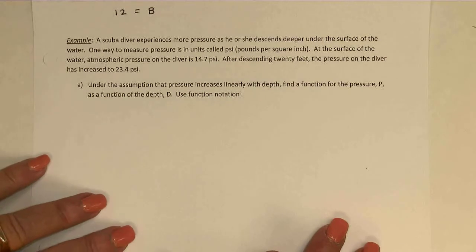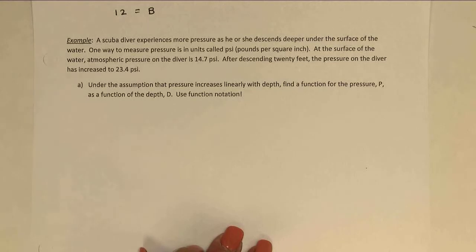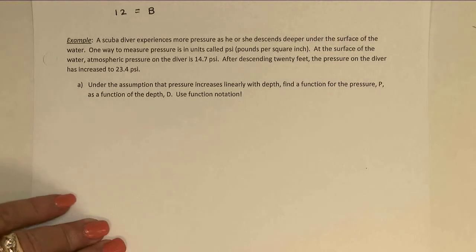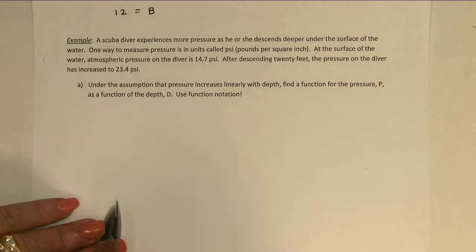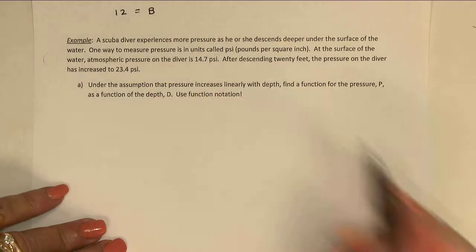A scuba diver experiences more pressure as he or she descends deeper under the surface of the water. One way that we measure pressure is in units called PSI, or pounds per square inch. At the surface of the water, the pressure just because of the atmosphere is 14.7 psi.